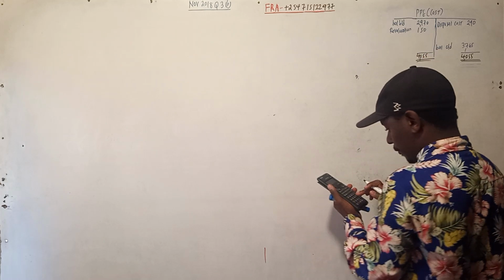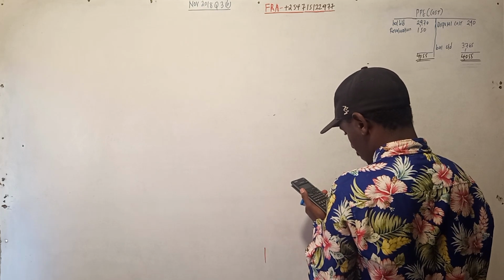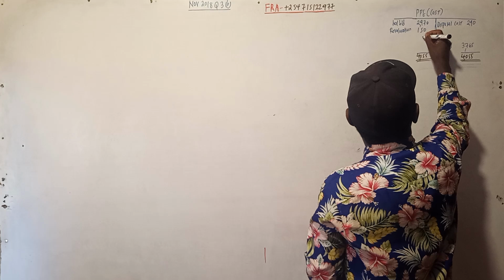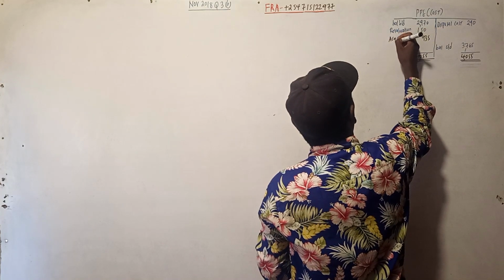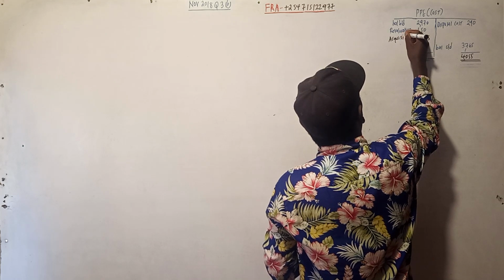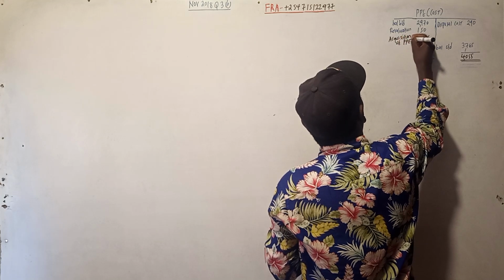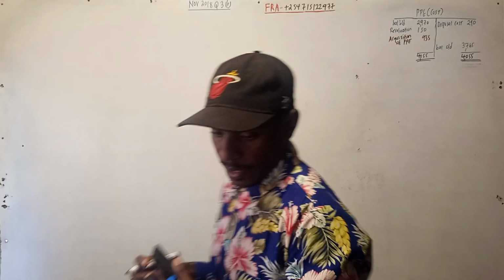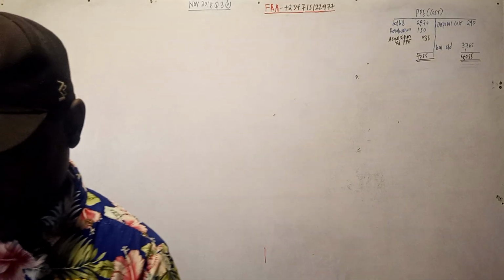Then we find the balancing figure, 935. Now this one is the acquisition of PPE. So 935, that is the balancing figure. Acquisition of PPE. That's information number one, not yet completed.